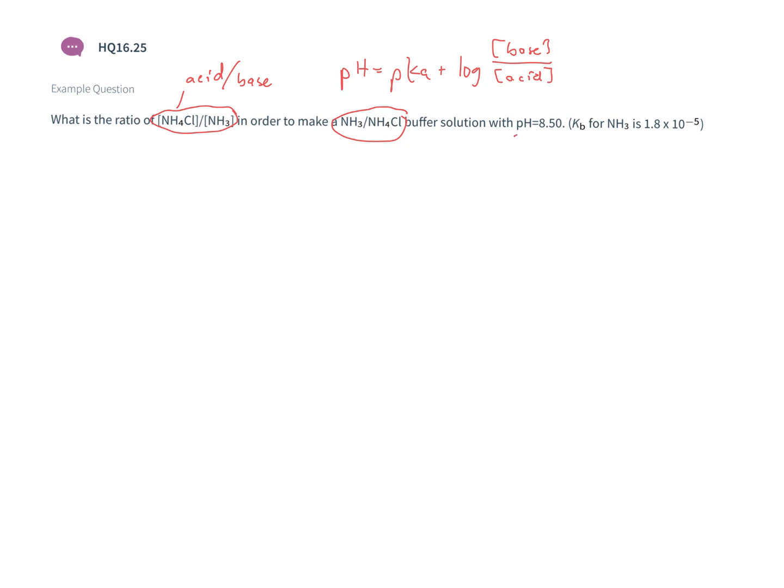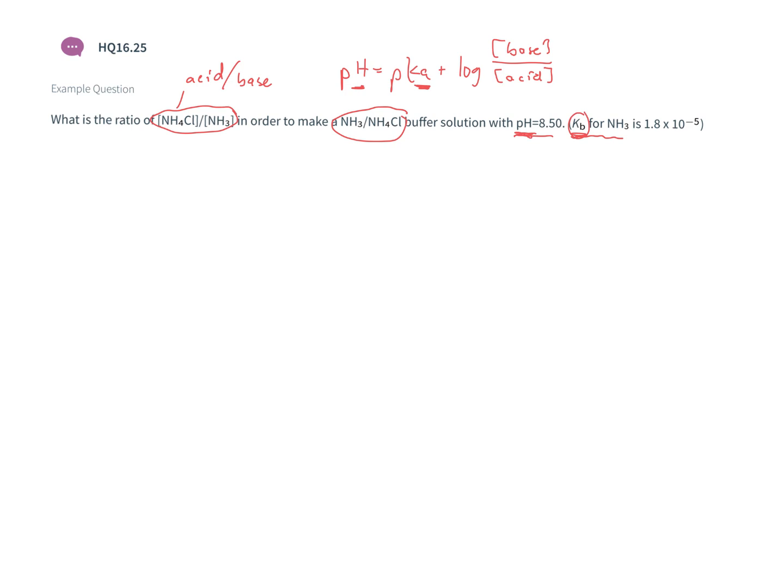And then they give us this pH information and the Kb. So there's two different ways we can solve this. And again, it's kind of odd in how they give us this information, giving us pH and giving us Kb, conflicting information. Because in the Henderson-Hasselbalch, I need pH, but I don't need Kb, I need Ka.